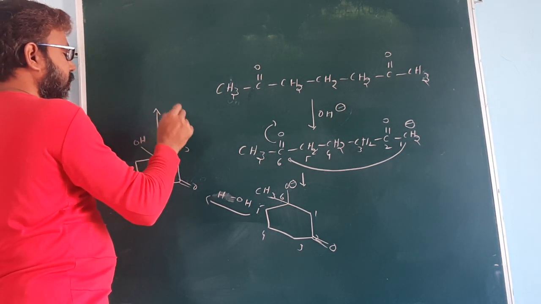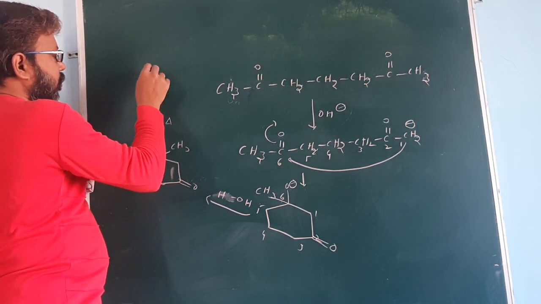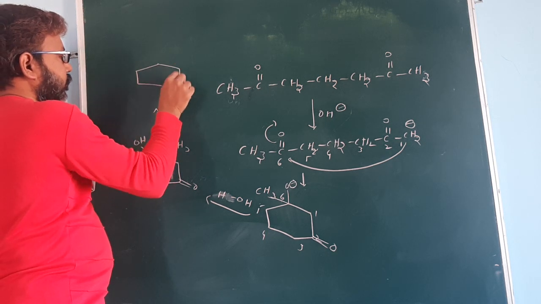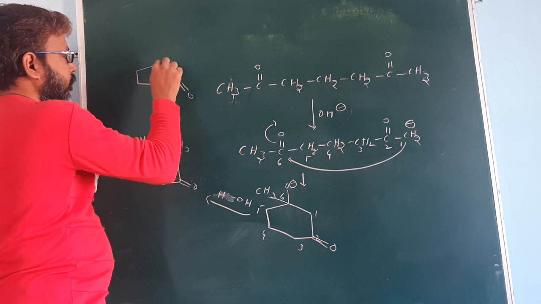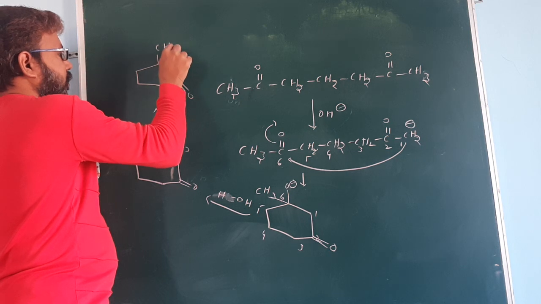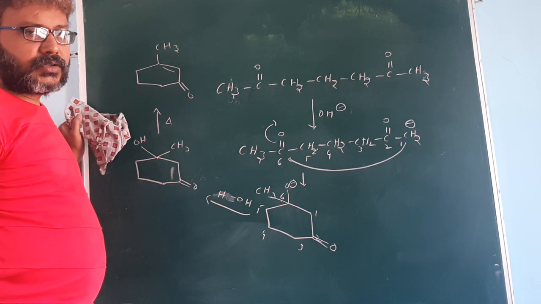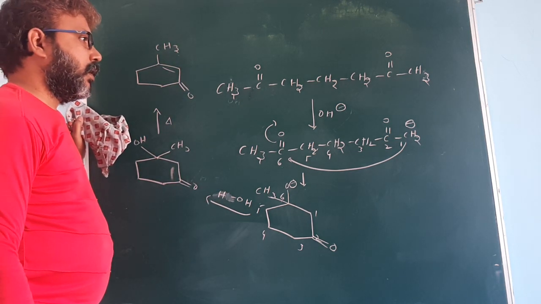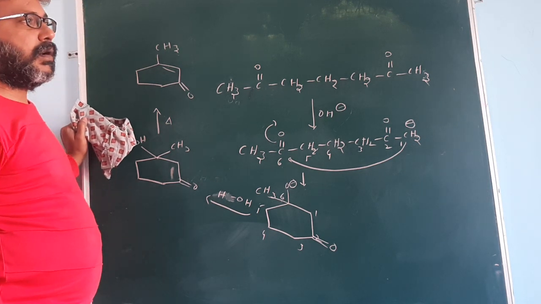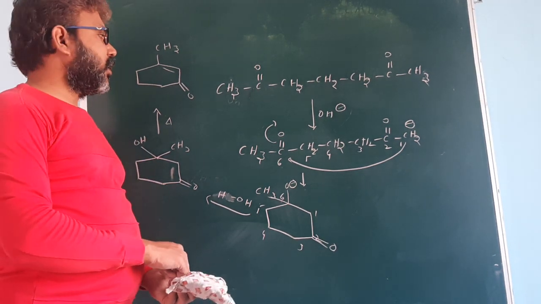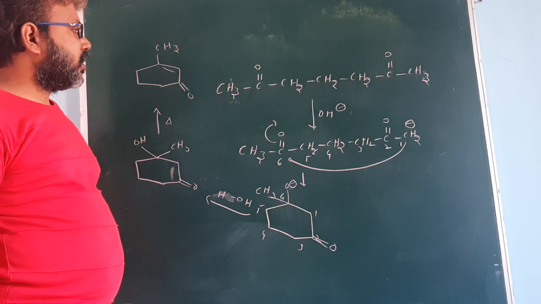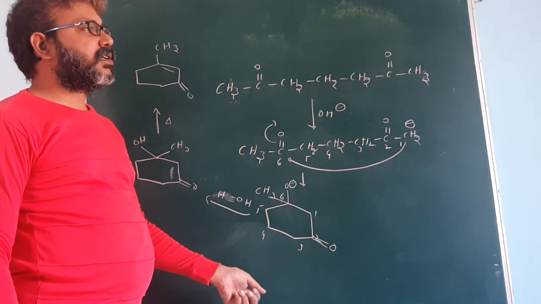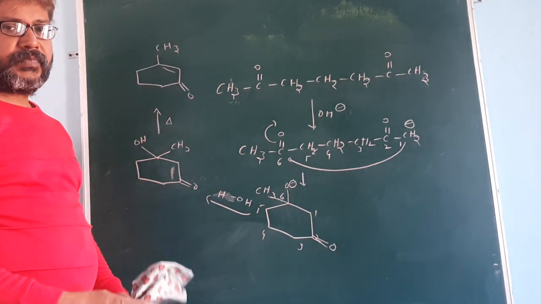So on heating, it loses a water molecule. You get this product. So it is a retro and aldol condensation. Here also two reactions take place. One is reverse aldol condensation. Next one is aldol condensation. Okay.